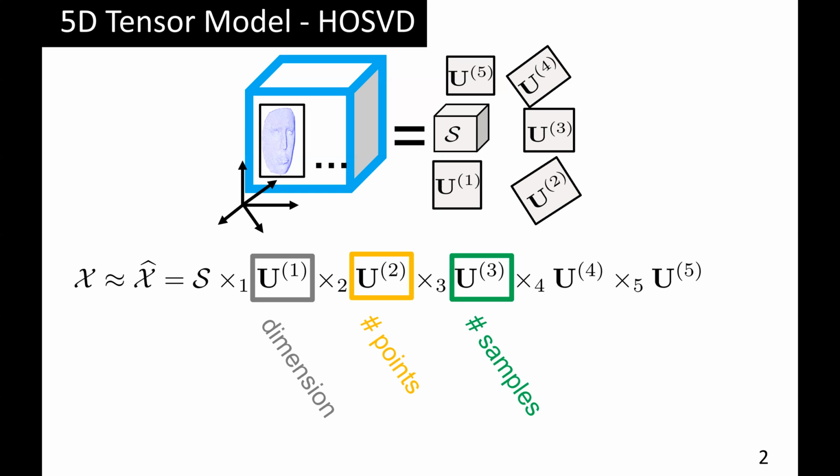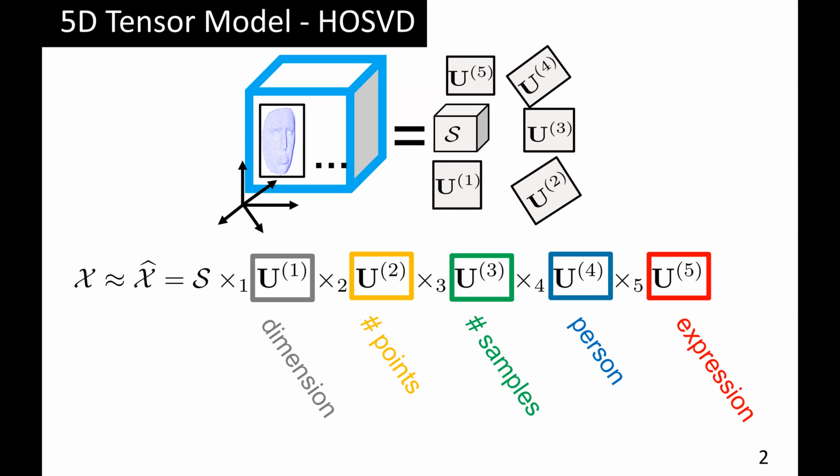Then the number of samples, which is the number of repetitions of recordings. Then the number of persons and the expressions they are performing. And here again, a reminder that this can be done with different kinds of data, yet we're focusing on faces.